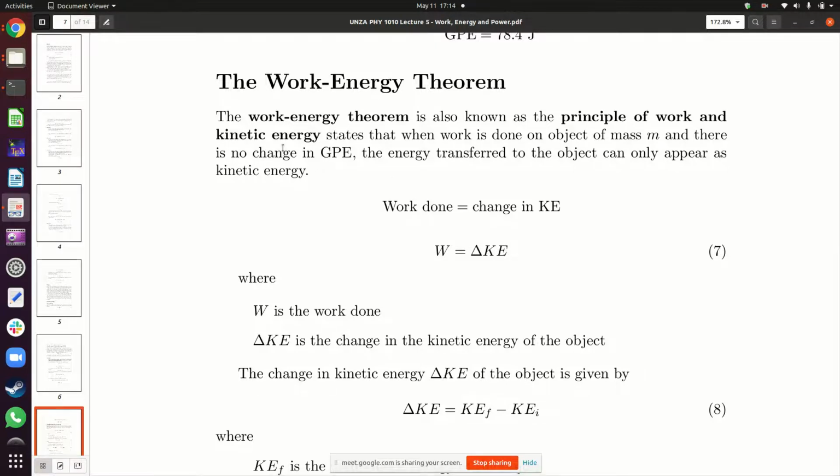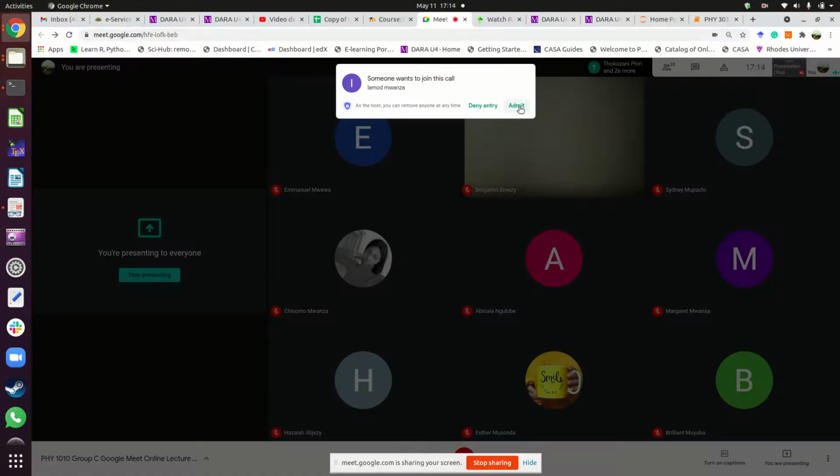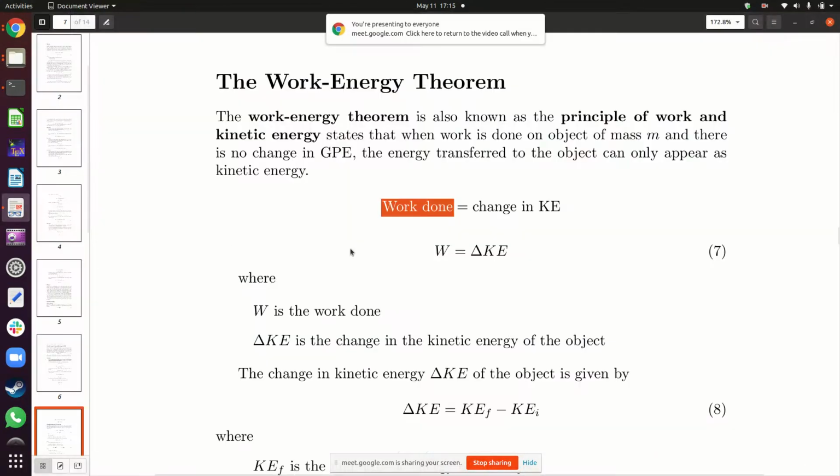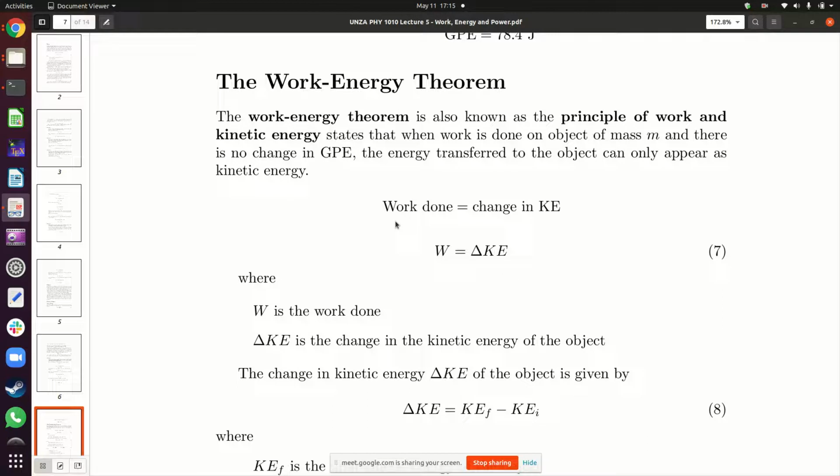Now, what does it say? The Work-Energy Theorem says the following: if you do work on an object of mass m, and the height of the object does not change, meaning that the object does not gain height or lose height, then there is no change in gravitational potential energy.